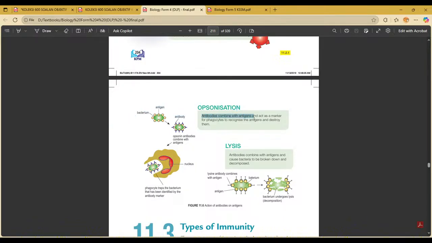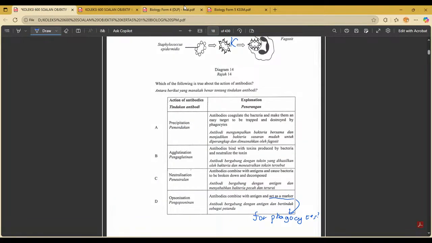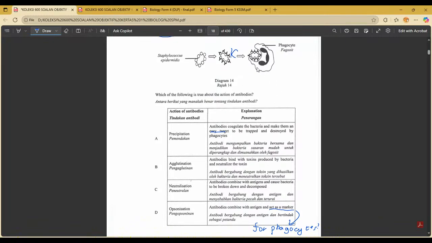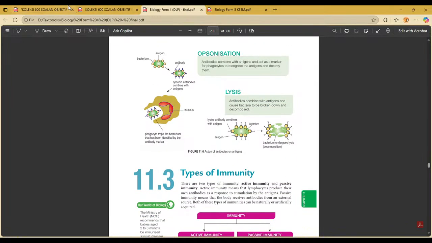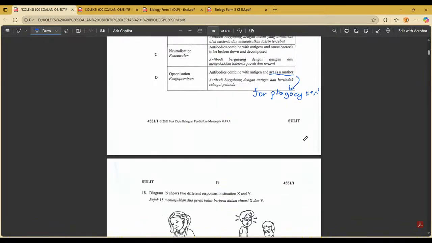Antibodies combine. Oh yeah, it does act as a marker. This one makes them an easy target, but this one doesn't make them an easy target. It acts as a marker. Make sense? Lysis is decomposition. Make sense?